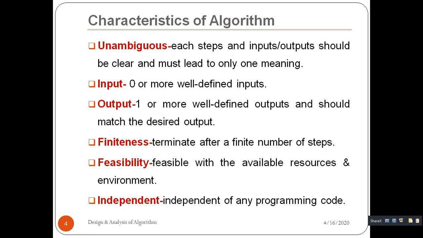And the next characteristic is feasibility. All algorithms should be feasible with the available resources and environment. So we cannot plan or write something in our algorithm which is practically infeasible. For example, let's say my algorithm is to know my future with the help of a palm scanner.